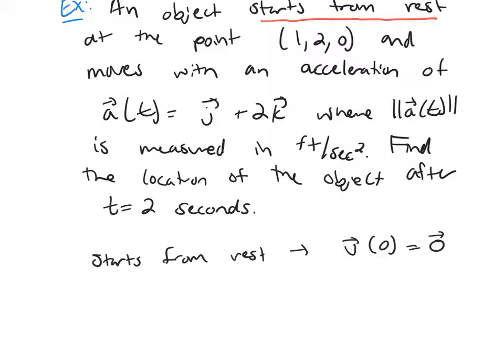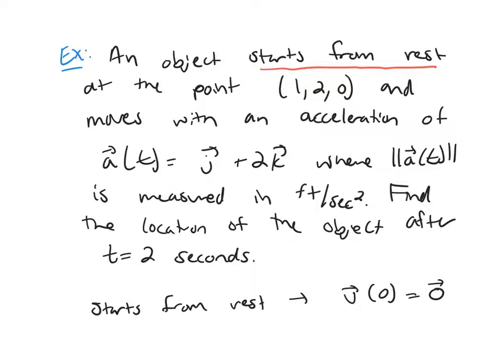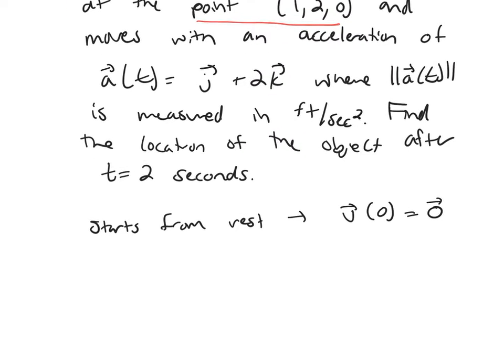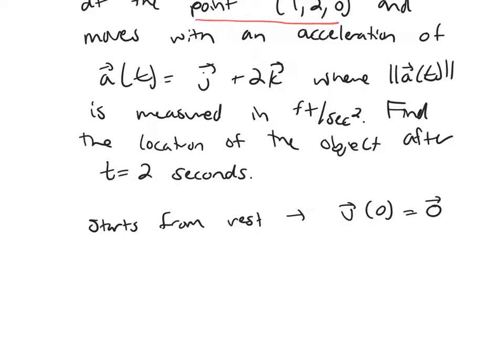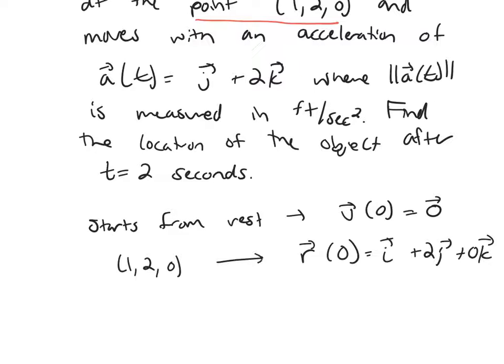I also was told that the object initially started at the point 1, 2, 0. So I'm given the initial position, the position r of 0, it's i plus 2j plus 0k. So that was this point we started with, 1, 2, 0, told me the initial position of the object.